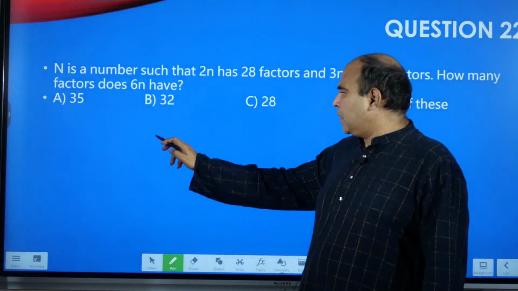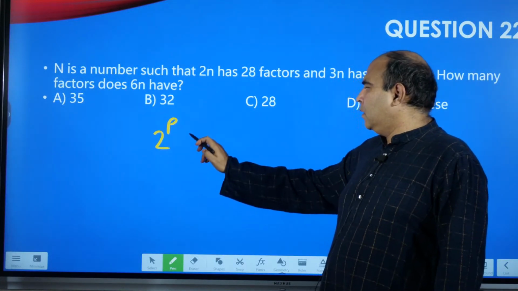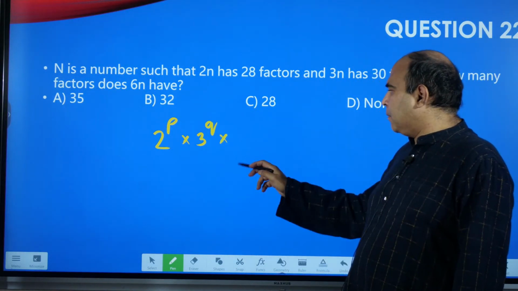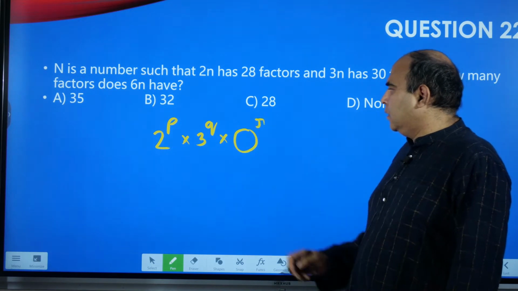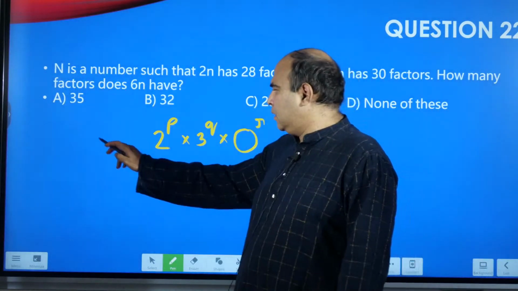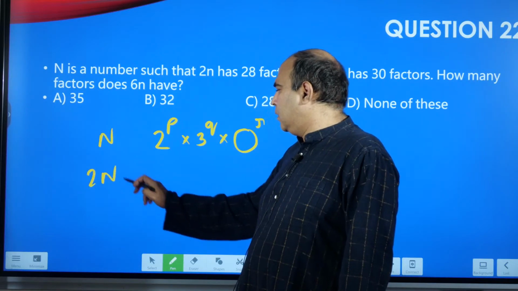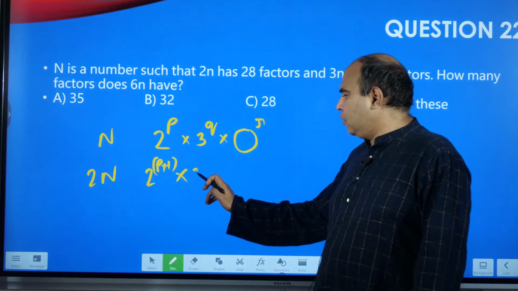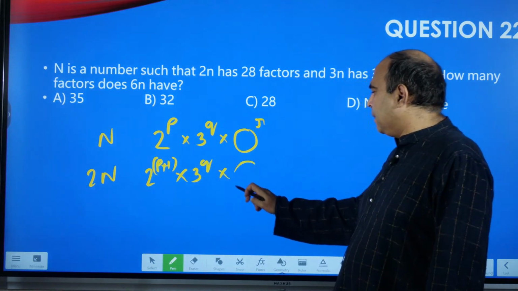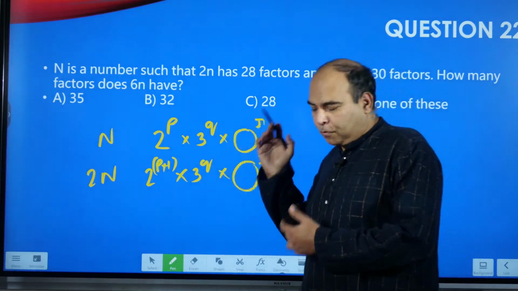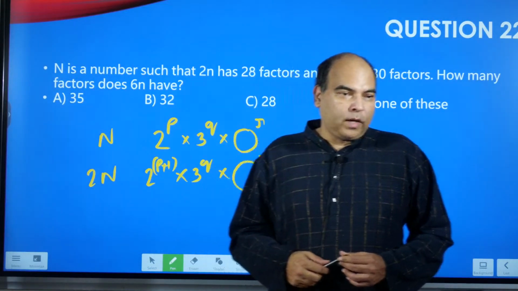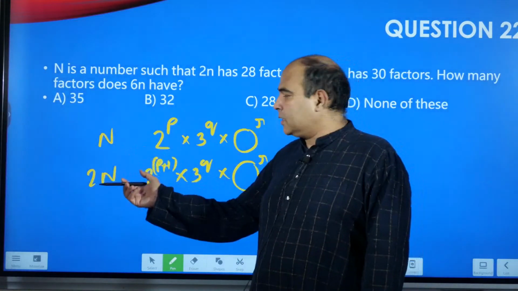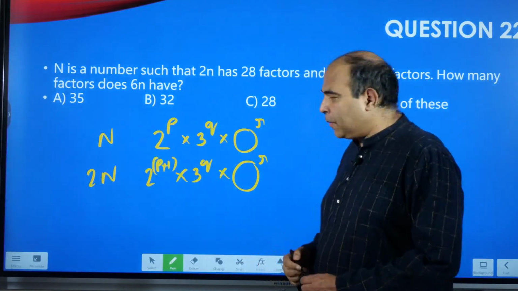So if I assume the number n to be 2 raised to p into 3 raised to q, let's say into some third prime number raised to r, then 2n will become 2 raised to p plus 1 and 3 raised to q, and this third prime number raised to r, and maybe a fourth prime number raised to s, etc. So 2n would have these values, because the only increment between n and 2n is the power of 2, which will increase by 1.